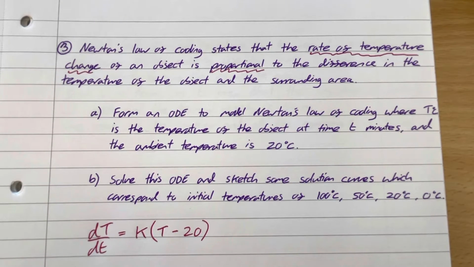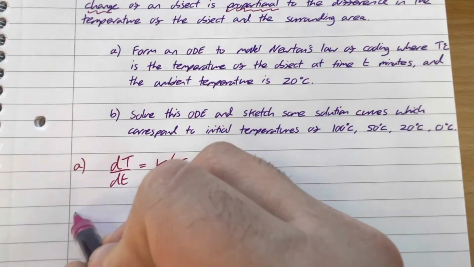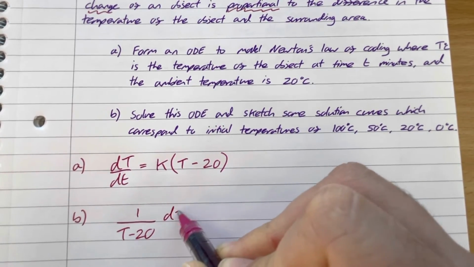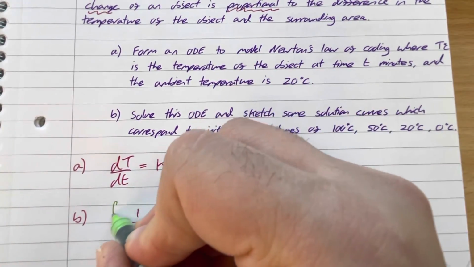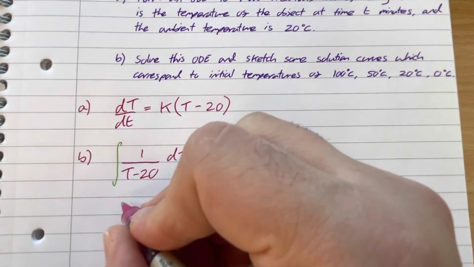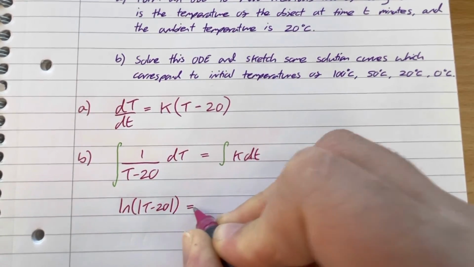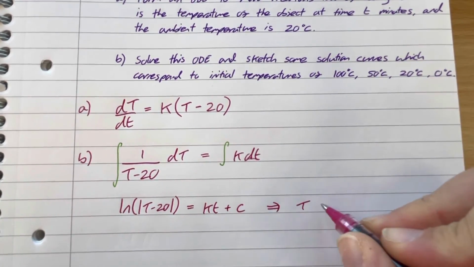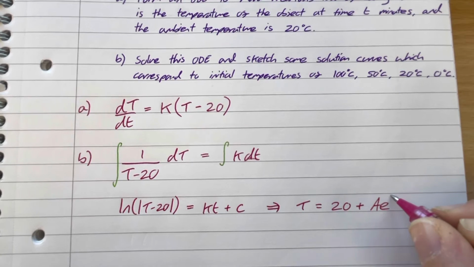So form a differential equation, and then part B, solve the differential equation. So I'm going to get 1 over (T minus 20) dT is going to equal k dt. Again, popping our integration symbols so it makes sense. The top is the differential of the bottom, so that is going to be the natural log of the modulus of T minus 20 is equal to kt plus c, and that tells us that T is going to equal 20 plus A e to the kt.